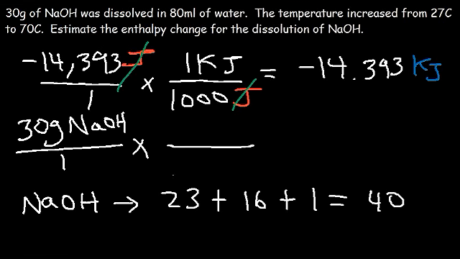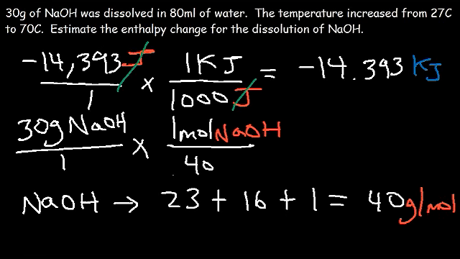The unit for molar mass is grams per mole. So this is 40 grams per mole. What that means is that 1 mole of sodium hydroxide has a mass of 40 grams. So the unit grams of NaOH cancel. 30 divided by 40, we can cancel the 0.